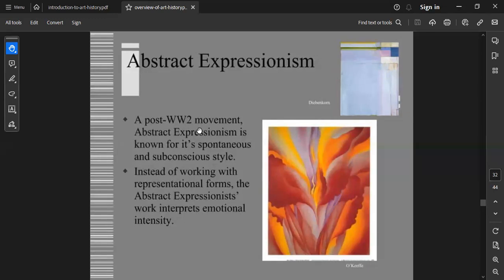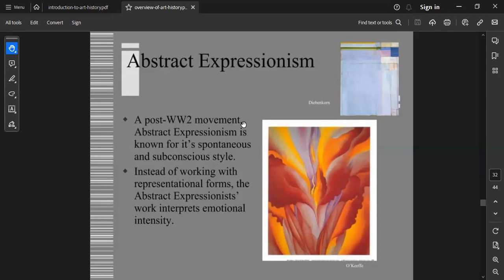Whoever had witnessed this, even those who have not witnessed, their grandparents and parents, in the form of stories, used to describe these things, and still the future generations, 2-3 next generations, have also been traumatized by the horrors of the World War, right? So here abstract expressionism is known for its spontaneousness and subconscious style.